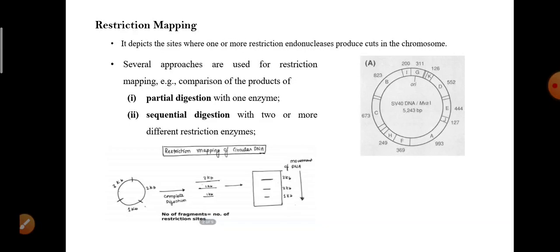One is of 3 kb, another is of 2 kb, and another is of 1 kb. And if we run the gel electrophoresis, we will get three clear-cut bands, and we can say from that there is a complete digestion, and we can find out the restriction sites by mapping.